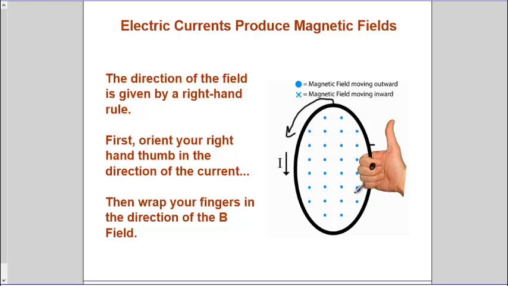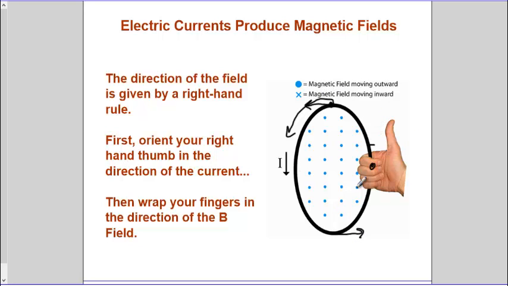That's towards you, observing this video. If I take my thumb and grasp the wire at that location, the current is in this direction. Again, my fingers will point out of the page. If I point my thumb in this direction and curl my fingers inside the loop, they'll point out of the page. And down here, the current is in this direction. When I grasp it, my fingers will point out of the page.